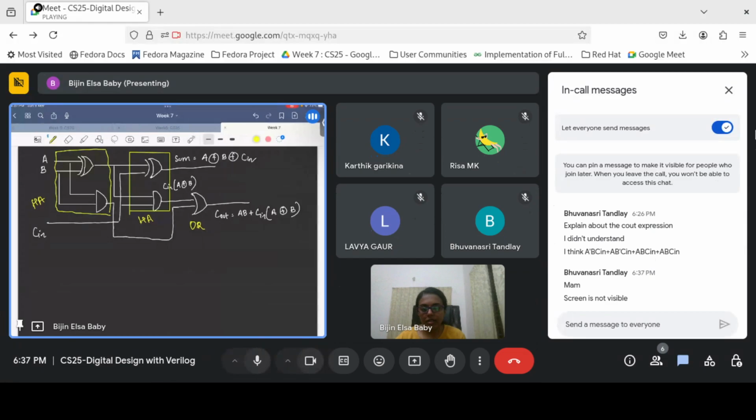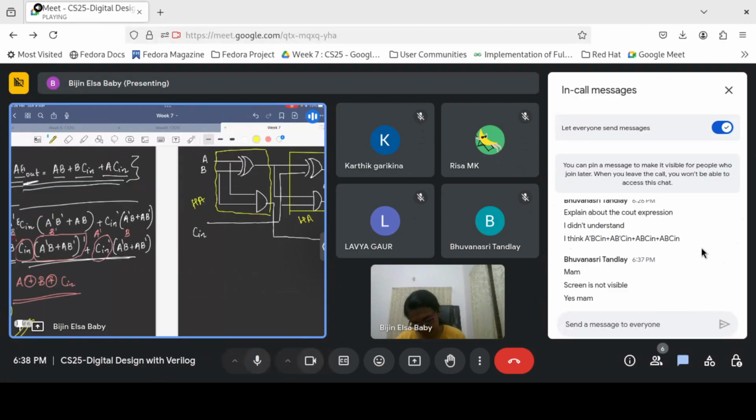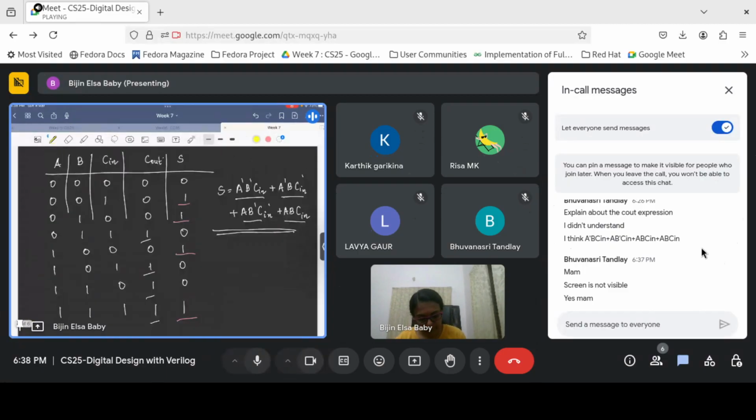Is this visible now? So you can construct this full adder using two half adders and one OR gate. Previously, the expression for sum was this one.